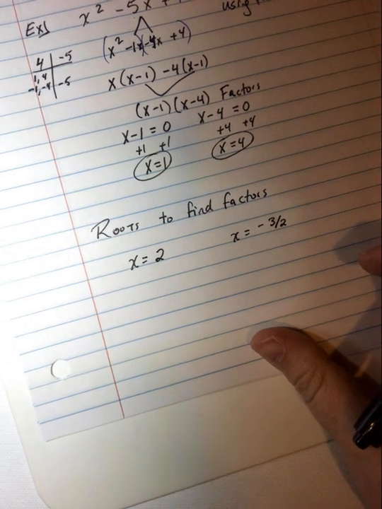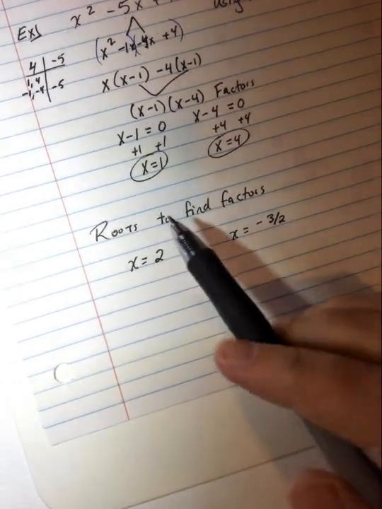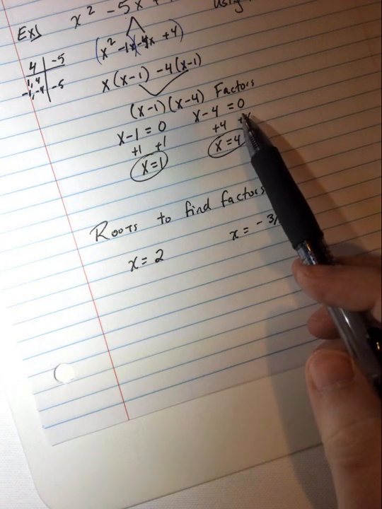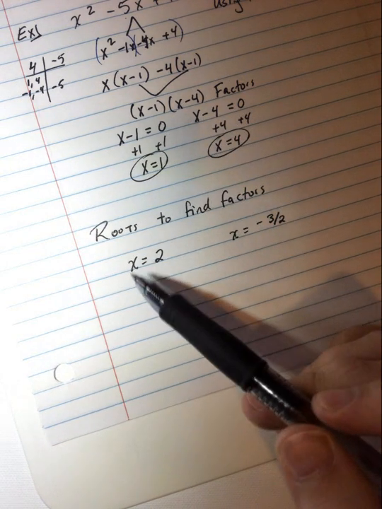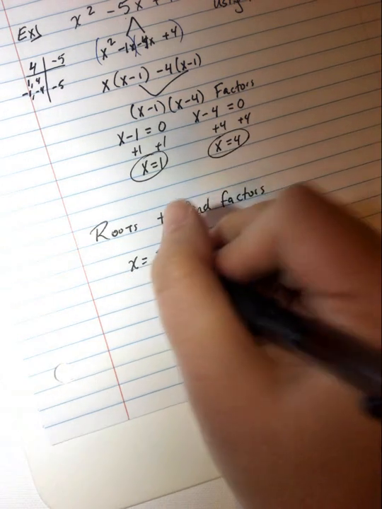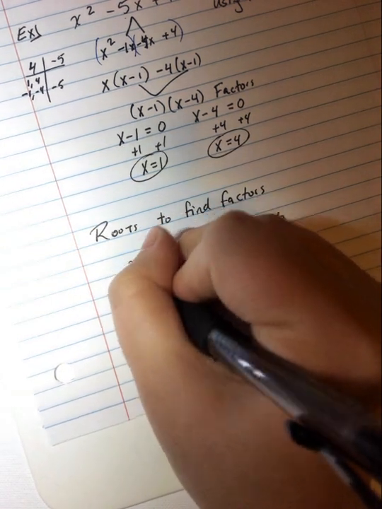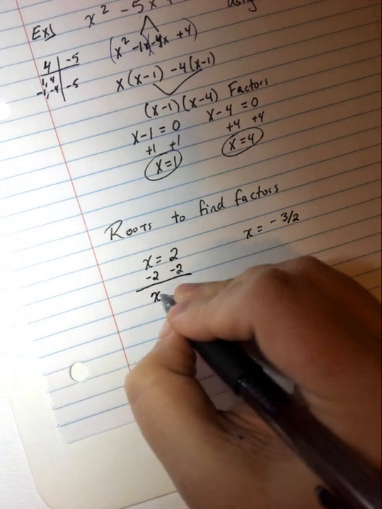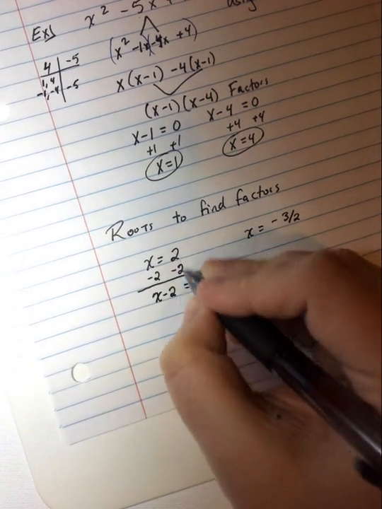Well, if I want to find factors, remember we took each factor and we set them equal to 0 here and here. So if I look at that, all I want to do here is make this right side 0. So I can make this right side 0 by subtracting 2. Well, x minus 2, I can't do that, but I can write down x minus 2 equals 2 minus 2 is 0.